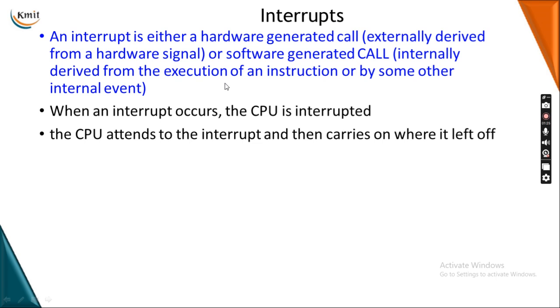On the whole, we can say an interrupt can be either a hardware interrupt or a software interrupt. So what are hardware and software interrupts? A hardware interrupt is, for example, if suddenly the power goes while processing your program, or if any button is pressed unknowingly on the keyboard. That is a hardware generated call.